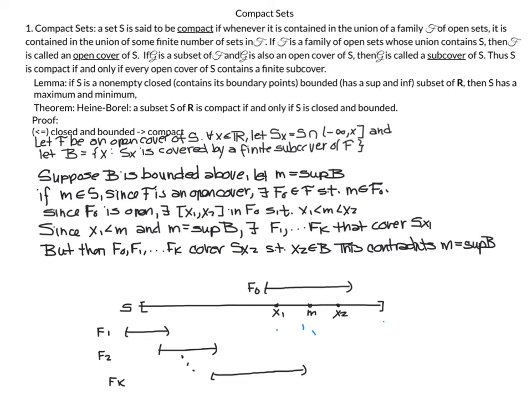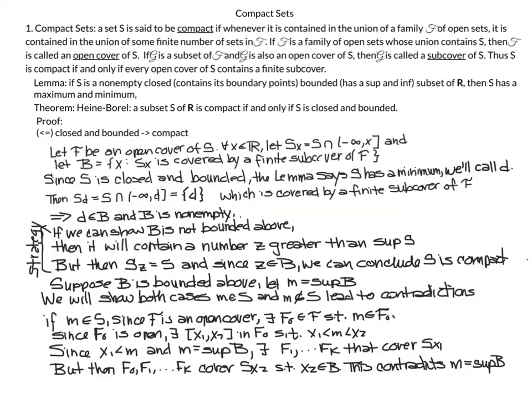But then we also have this open cover for Sx2, because they're both in F naught here, which would imply that x2 is in B. But this contradicts, because x2 is greater than M, this contradicts the fact that M is the sup of B, and therefore our assumption here, B is bounded, must be incorrect.